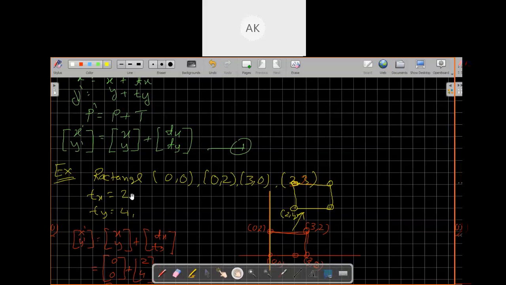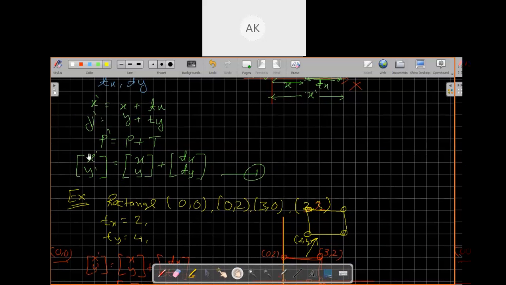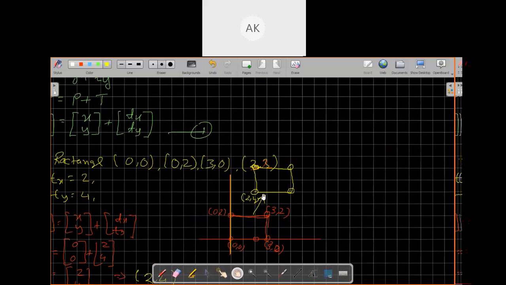This is the simple translation of a rectangle with a certain translation parameter. Okay, is it clear? We have changed the position of the object from one position to another with respect to this translation parameter.